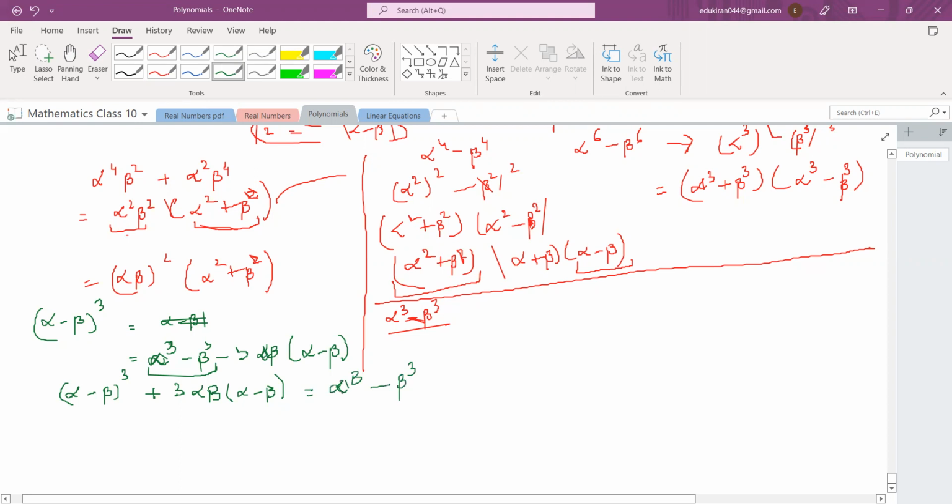Now here you can do one thing. If you already know the value of alpha minus beta, like if you think that is easier to calculate, you can put it here and find the value. But there is one more thing, you can solve it further. Like how? You open it. No, wait.